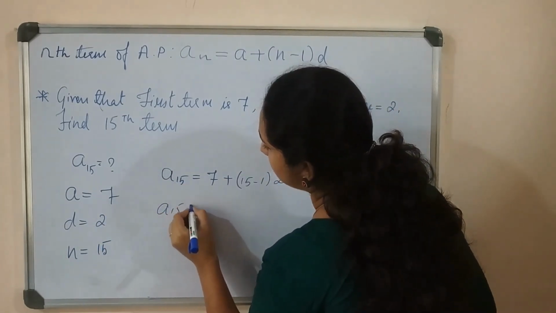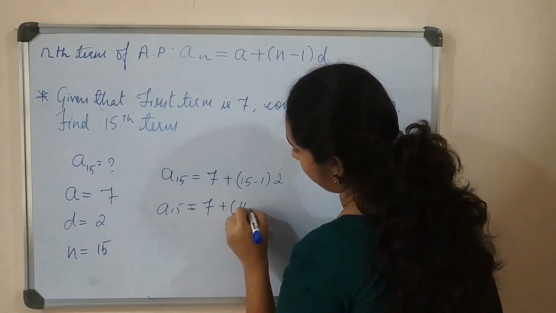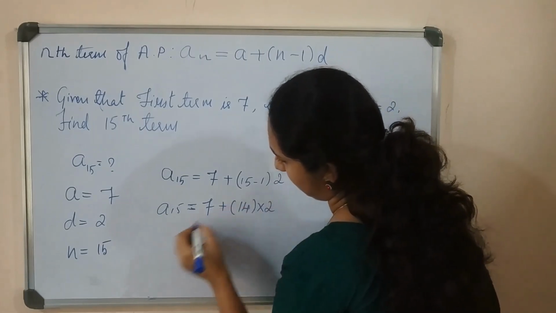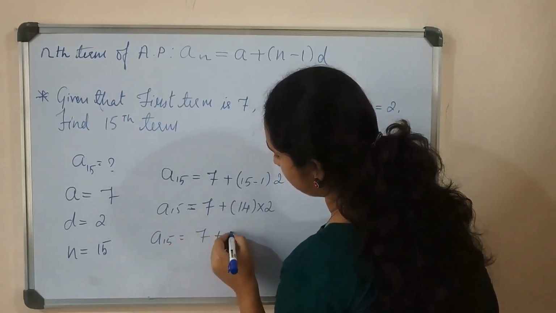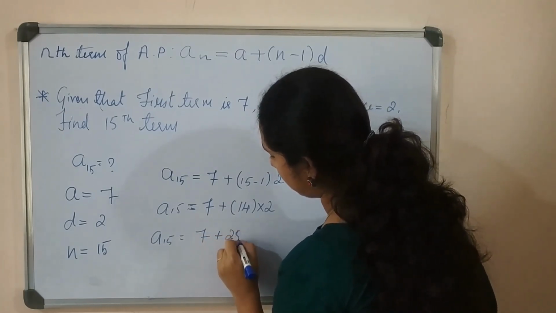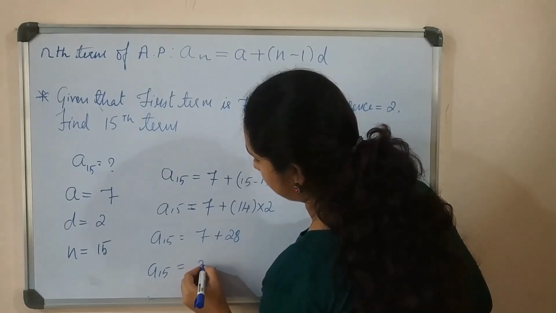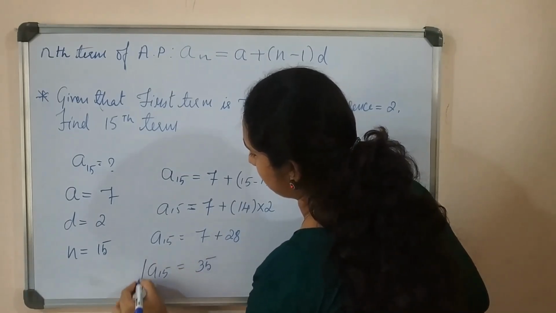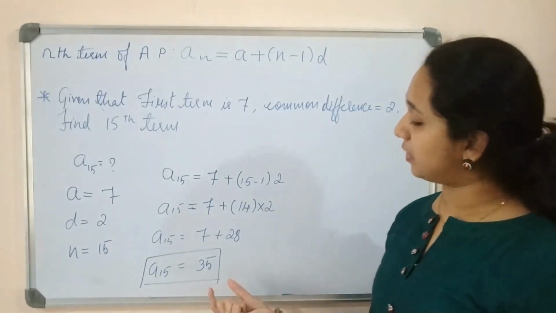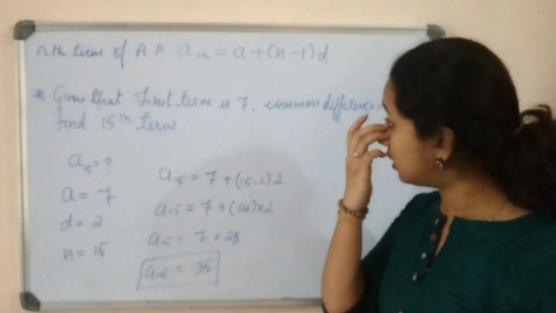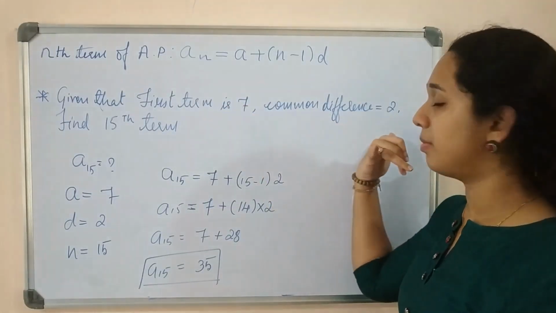So A15 is equal to 7 plus 14 into 2, which is 7 plus 28, equal to 35. Therefore, the 15th term of the series will be 35, whose first term is 7 and the common difference is 2.